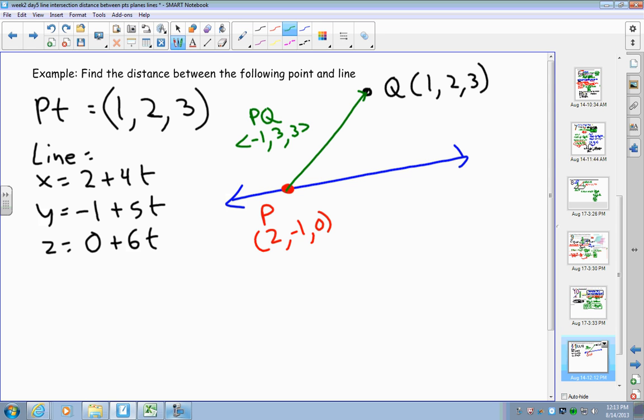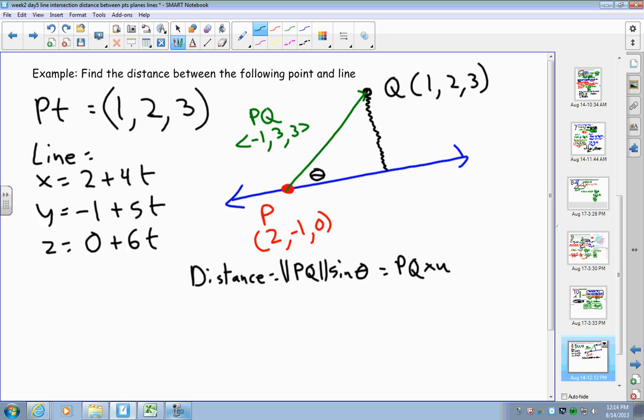I want to find this distance based off that angle. The trig version would say that distance is the magnitude of PQ sine theta, which from that memorizing, you can equate to PQ cross u, all over the magnitude of u, and we can solve it.